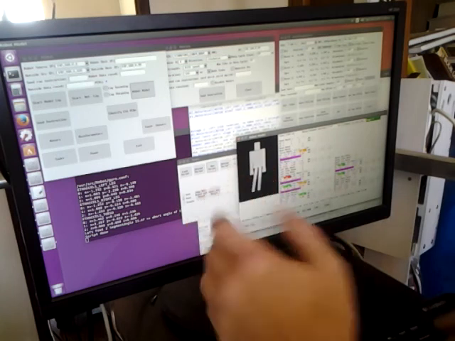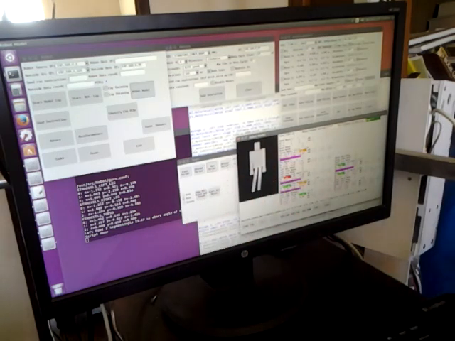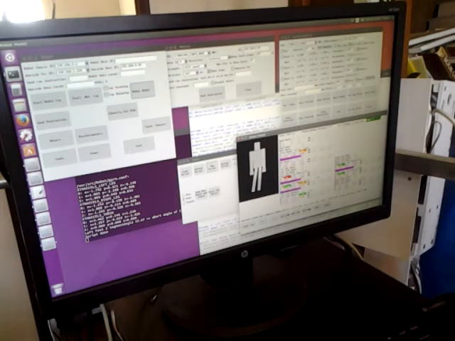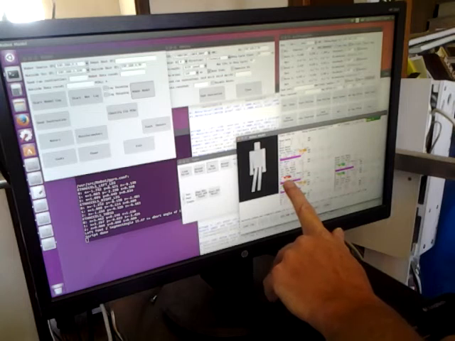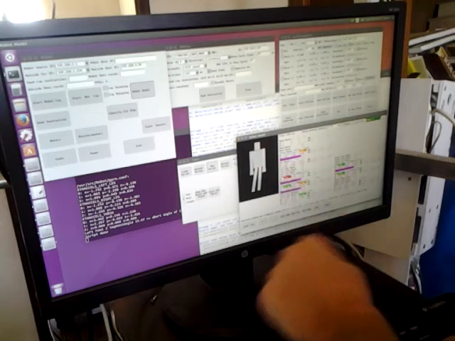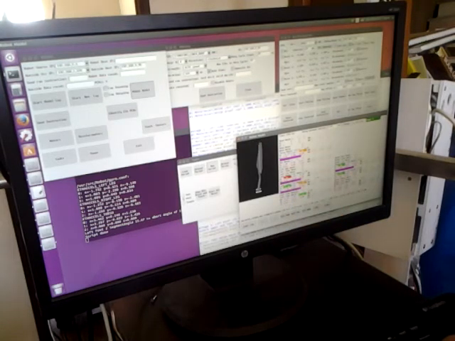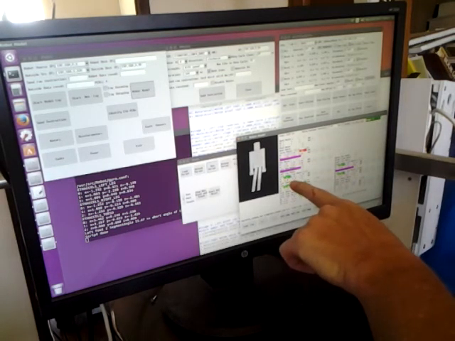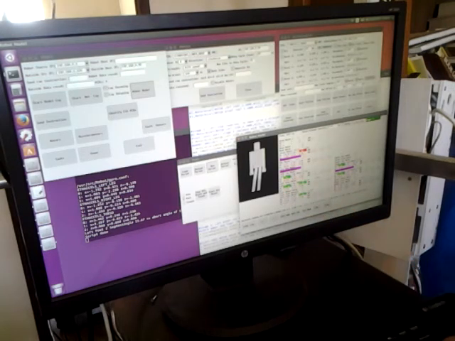Positive X pitch is backwards, like the pilot's pulling back to pull the plane upwards. That's a positive pitch, and that's what's happening. This robot's falling backwards. So anyway, it looks like it's on its way. Oh, it looks like it fixed it. The knee motor fixed that problem, which is very nice.